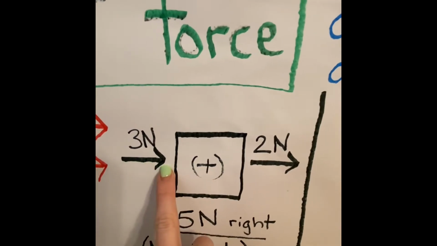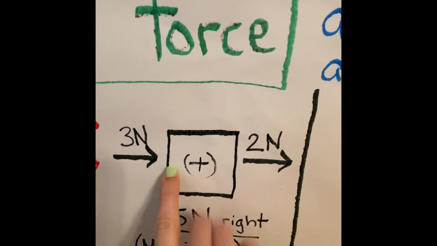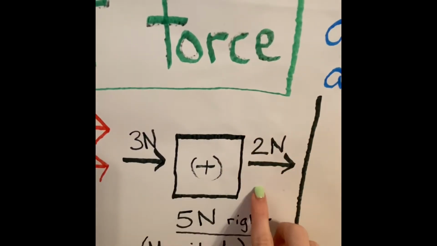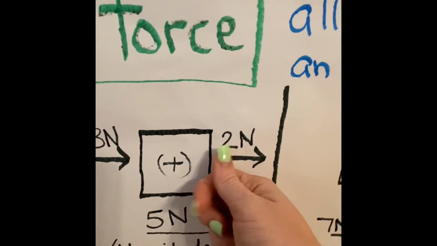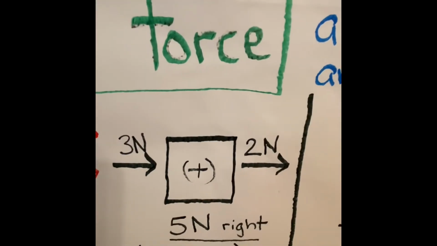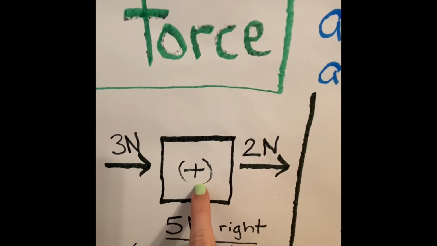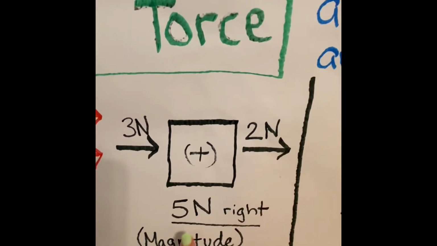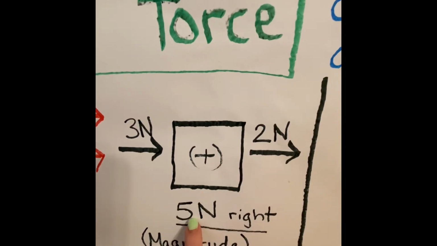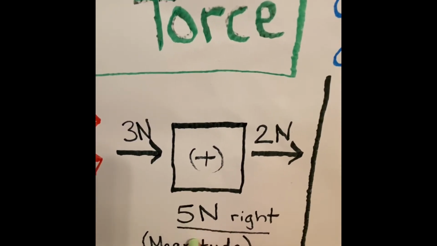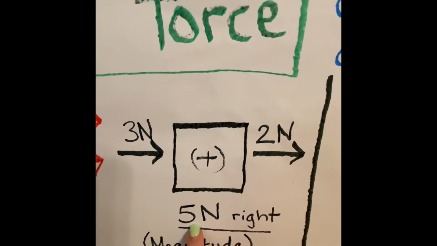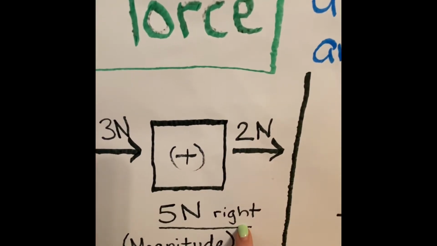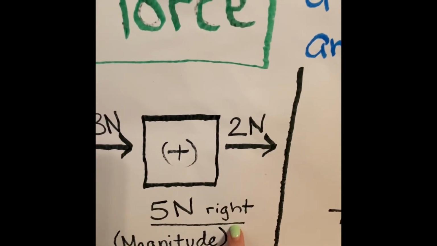If I'm on this side of the box, I'm pushing it, pretend my hand is right here pushing this box. And on this side of the box, I would be pulling it in this direction. Because they're going in the same direction, we add: 3 newtons plus 2 newtons gives me a magnitude, which is the number in my answer, of 5 newtons. Don't forget your direction: to the right.